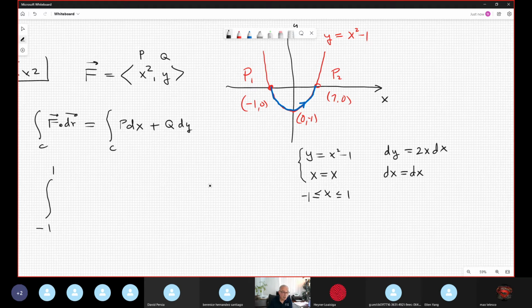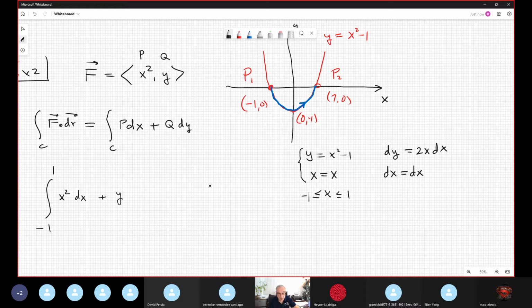So you replace: who is p? p is x squared. Who is dx? dx is dx, no difference. Plus, who is q? q is y. But who is y? y is x squared minus 1. I don't leave it like this because my intention is to convert to one integral like in Calculus 1 that contains only one variable.